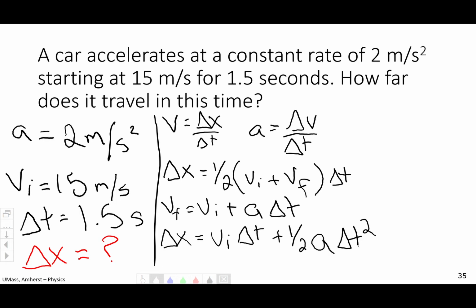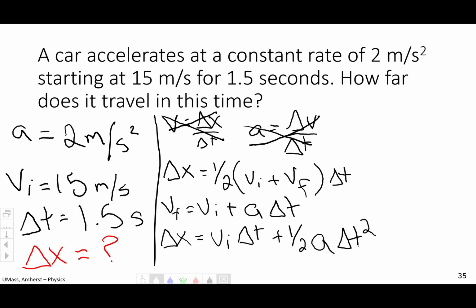So let's do our sanity checks and see which formula we should use. Let's decide which one of these is going to be the best. First of all, v equals delta x over delta t. That's only for a constant velocity. We are not under a constant velocity, so that's out. a equals delta v over delta t does not contain delta x, which is what we're trying to find, so that's out.